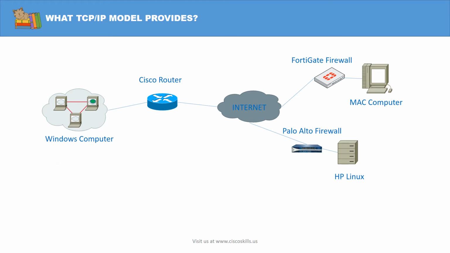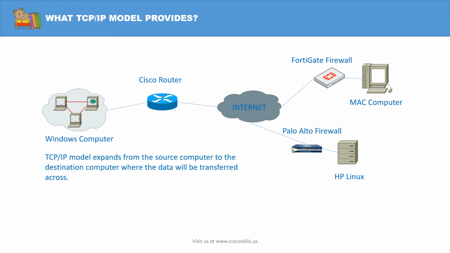If you look into it deeply, you will see the TCP/IP model expands from a source computer to a destination computer where the data will be transferred across. In other words, it concerns every single object that leads the data from a source to a destination computer.